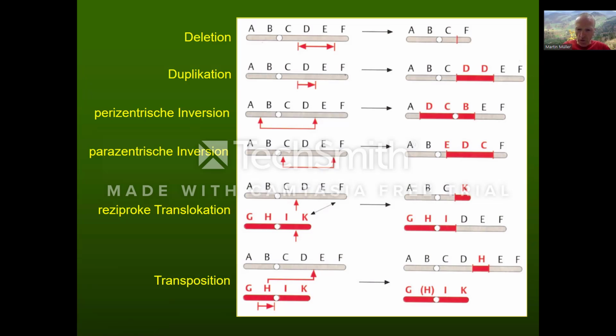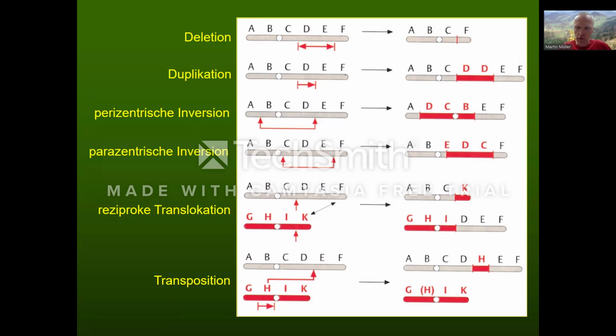Then there is also the possibility that only part of one chromosome moves on to another chromosome. This is called transposition. How did people find out that these chromosomes actually look like I'm showing you here, that there were actually things like deletions, duplications? I will show you in a minute.